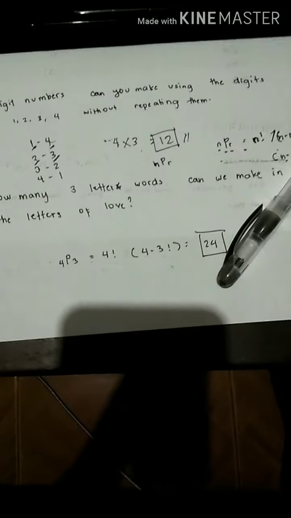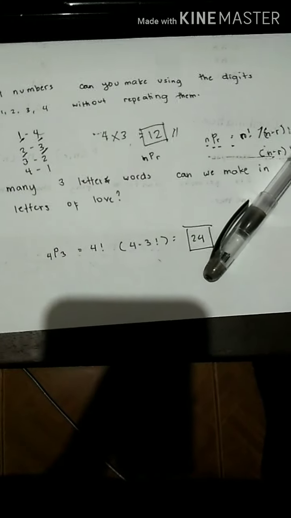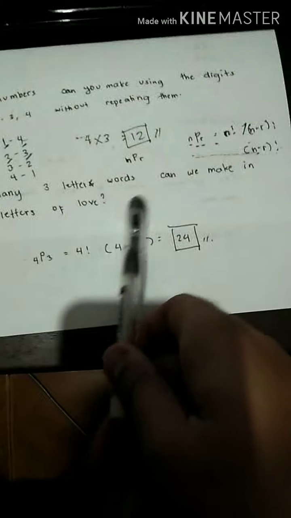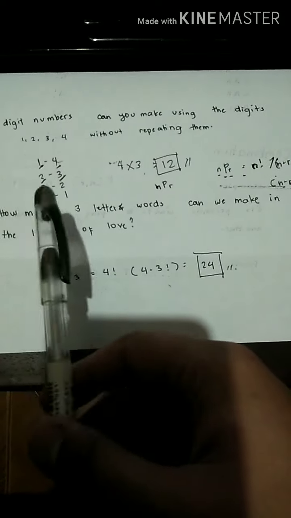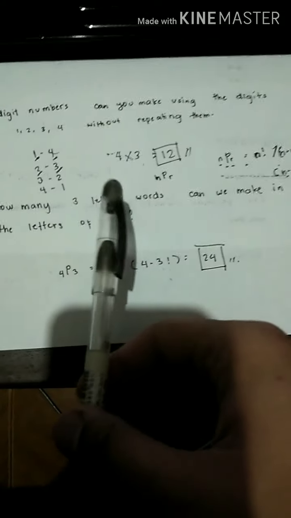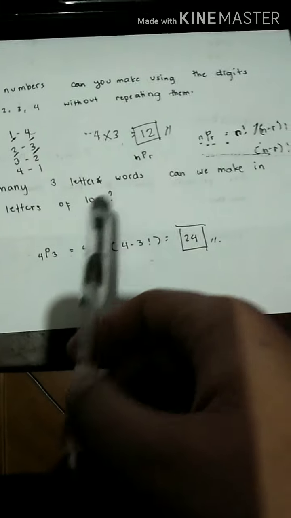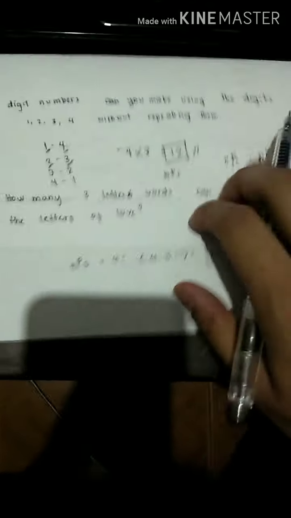Next example. How many three-letter words can we make with the letters in the word love? There are 4 letters in the word love, and making 3-letter words is similar to arranging these 3 letters.